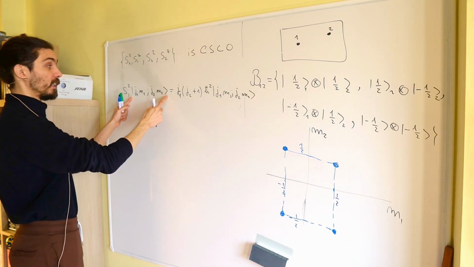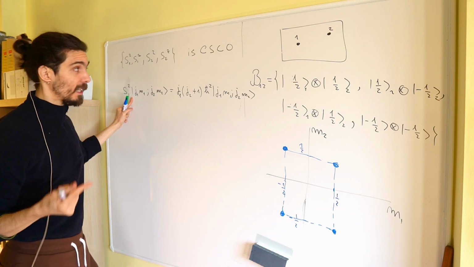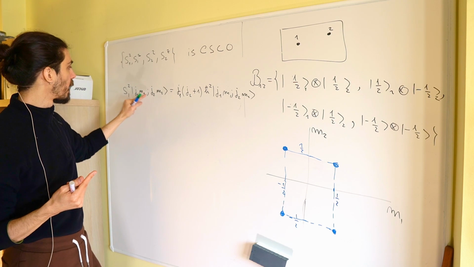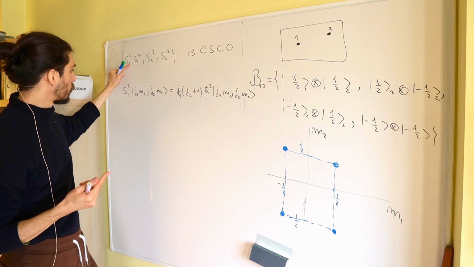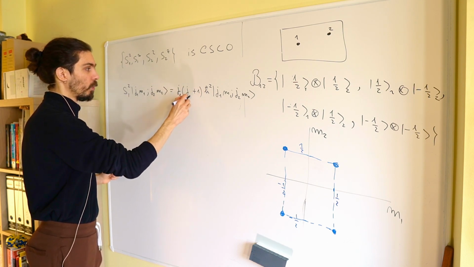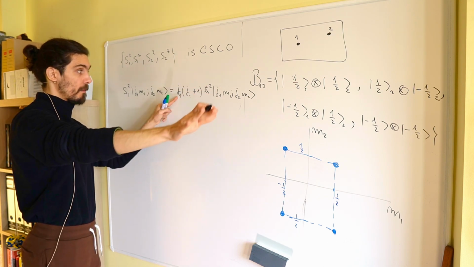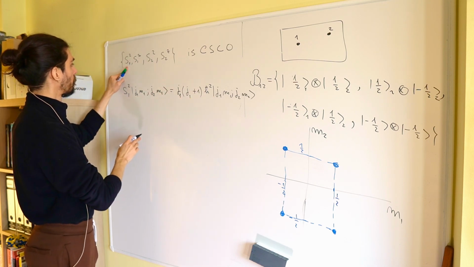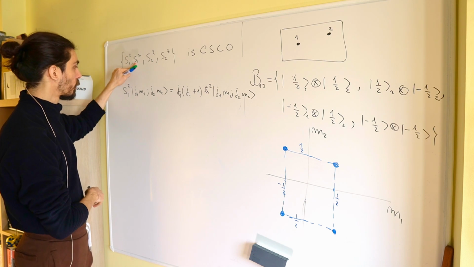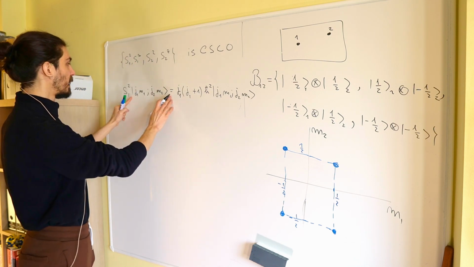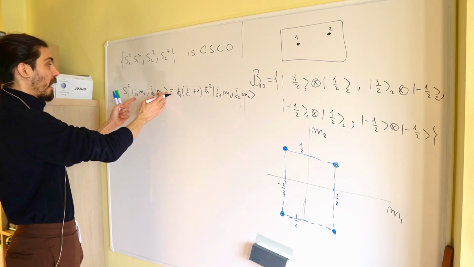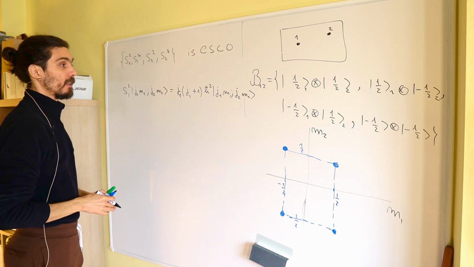This cat is written like this because I'm telling you what are the quantum numbers that determine the eigenvalue of this one, which by the way is that eigenvalue. Notice that this number here is J1. That number is determined by J1, and this eigenvalue, which is this quantum number, determines the eigenvalue of that one, and so on. So this is a consequence of the fact that they are a CSCO. They just commute, and I decided to label the numbers like that.